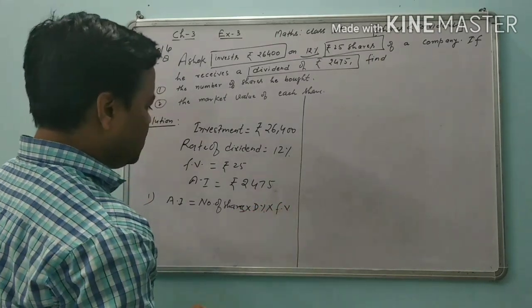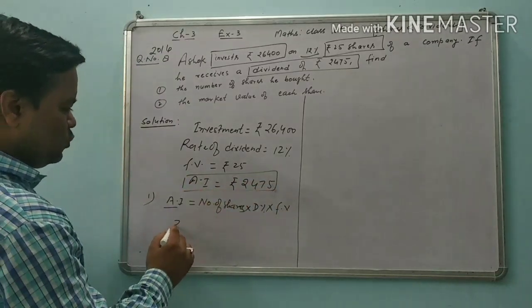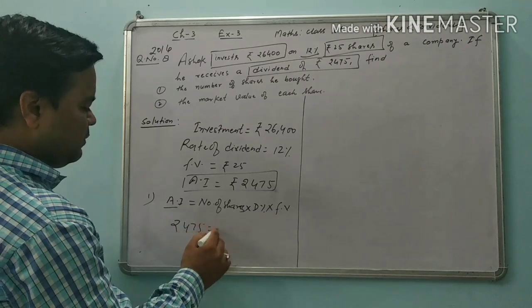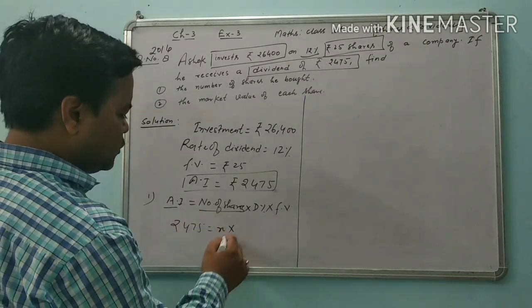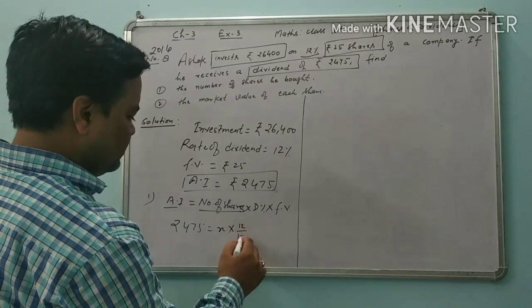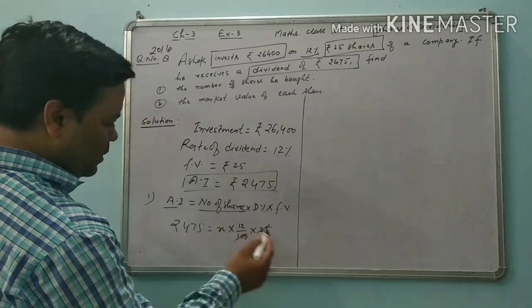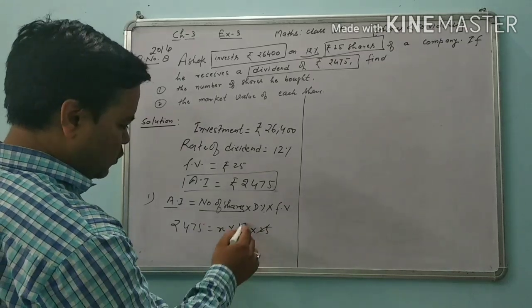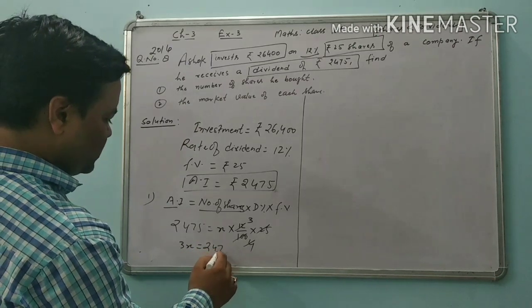Here annual income is 2,475, and let the number of shares be x. So x into dividend 12 by 100 into face value 25 rupees. Here 25 fours are 100 and 4 threes are 12. It means 3x is equal to 2475.